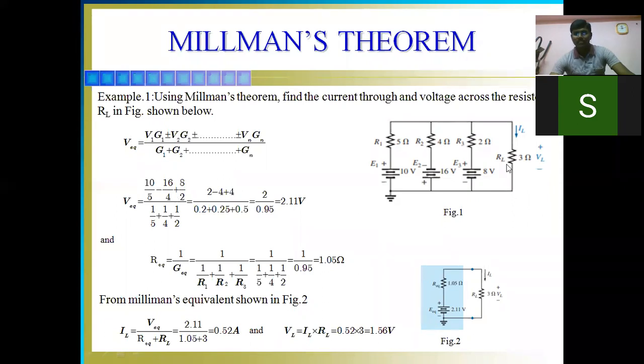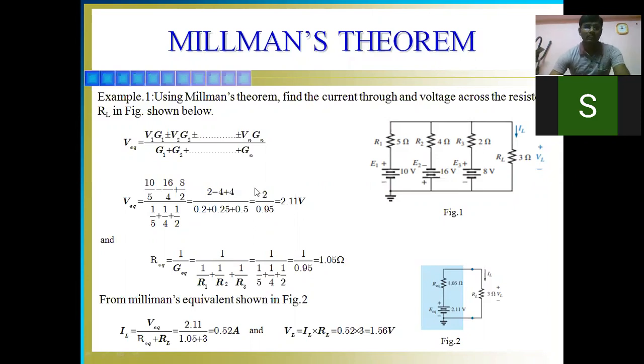E3 is also driving current in the same direction as V1, so plus 8 by 2. If you simplify, 2 minus 4 plus 4 divided by 0.2 plus 0.25 plus 0.5, which gives 2 by 0.95, equal to 2.11 volts.